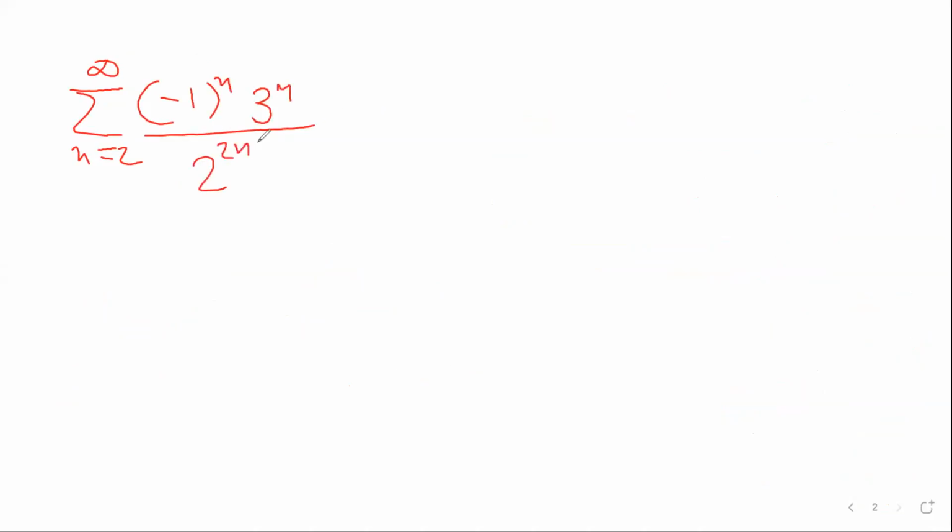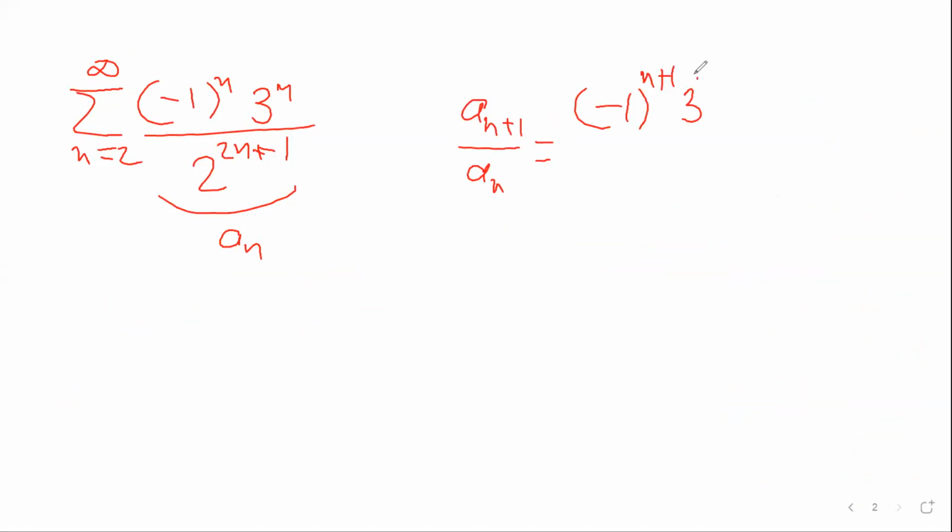So we have the series with 3 to the power 2n plus 1. Let's call this an, and we have to work out this ratio, that is, first increase n by 1 to get an plus 1, and then divide by the previous term.